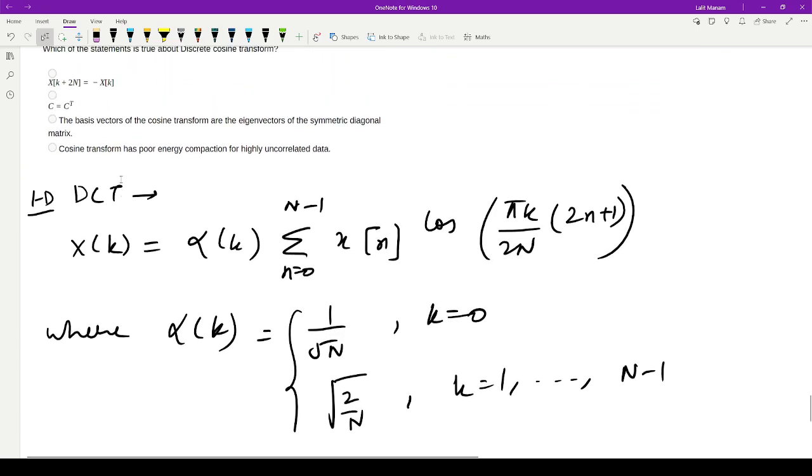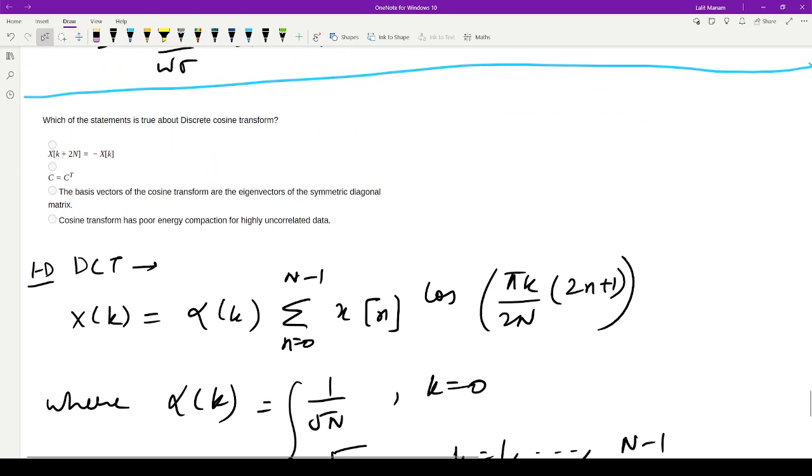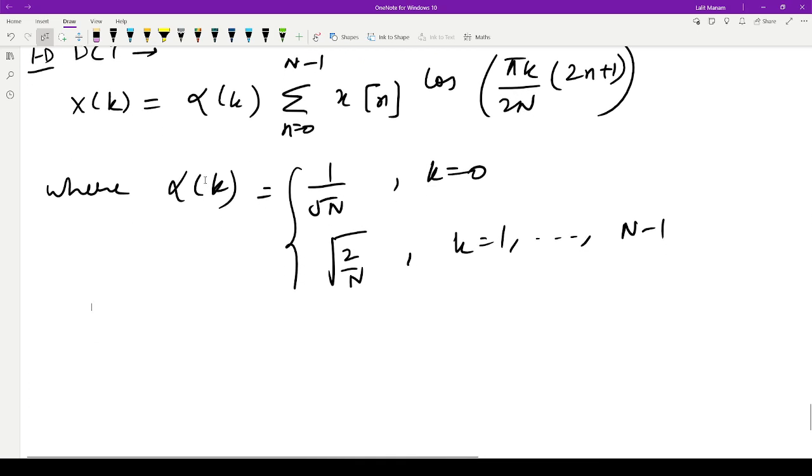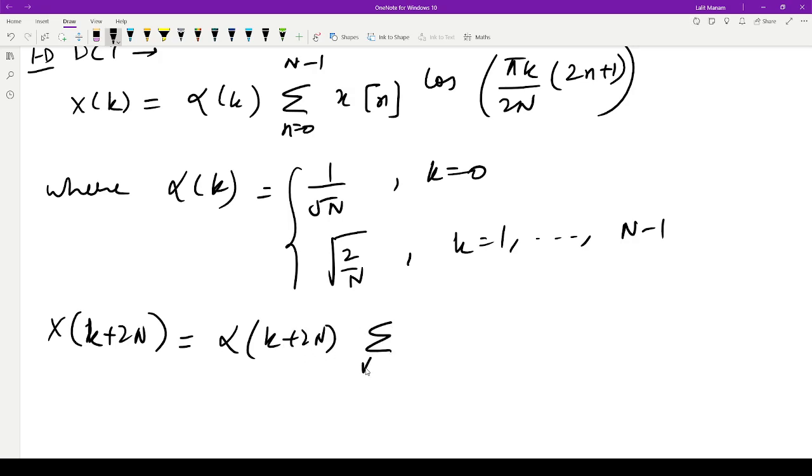So we'll move through the questions one by one. So is this correct? X of k plus 2N is minus of X of k. So X of k plus 2N, what is this? Alpha of k plus 2N, summation of n equals 0 to N minus 1 x[n] cos of pi k upon 2N.